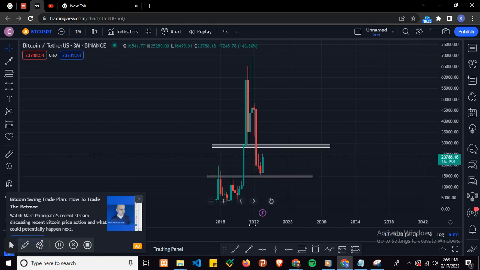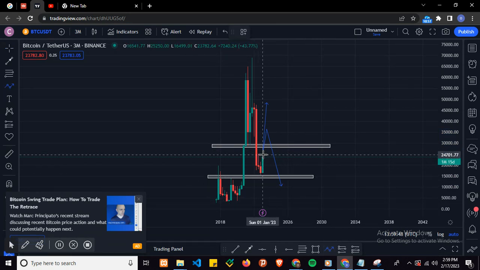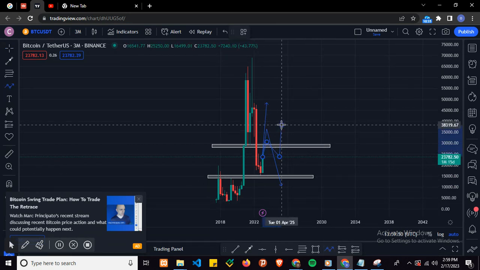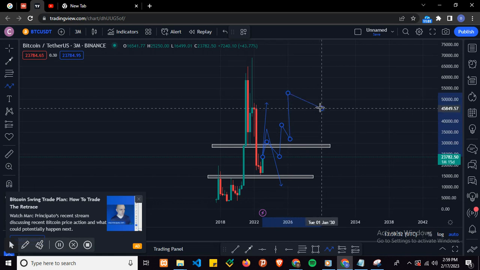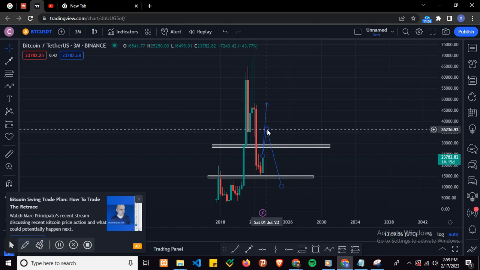Maybe we should be expecting something like this. Maybe a push to this side, or down, down, like this. A bullish trend like this. Higher low, higher low on the lower time frame.